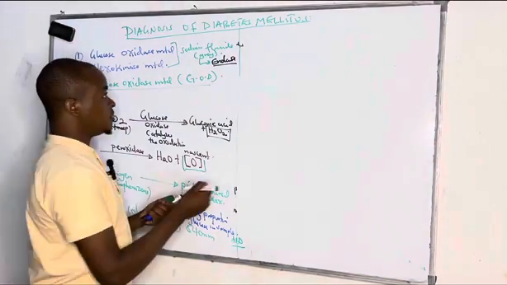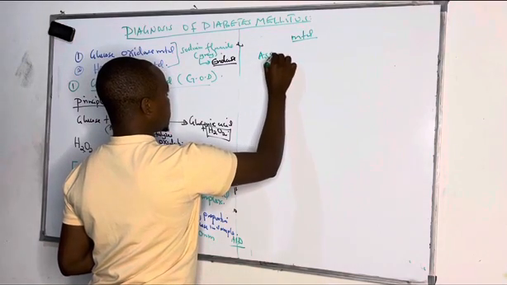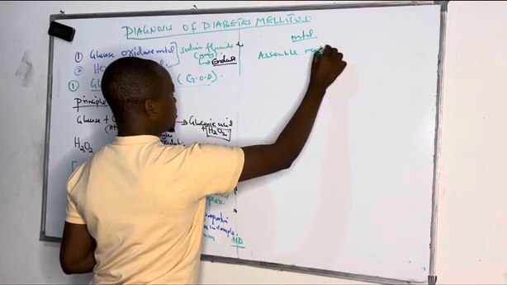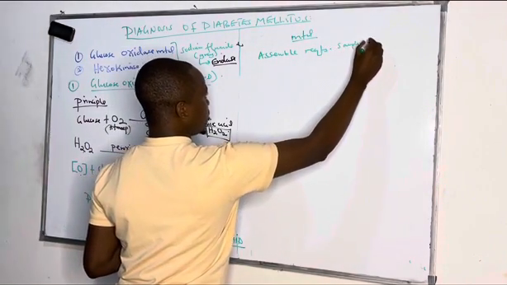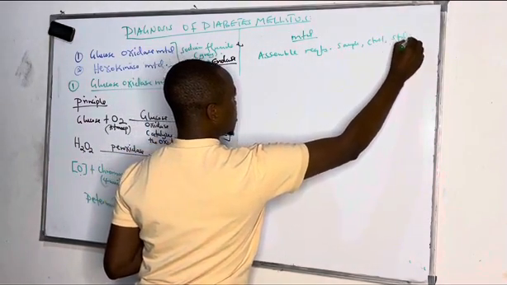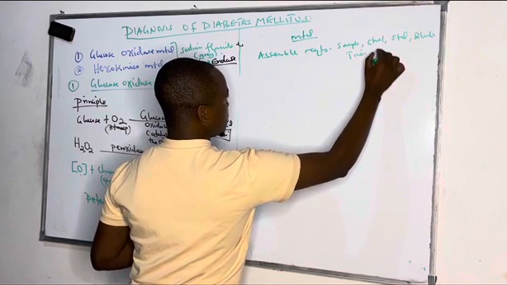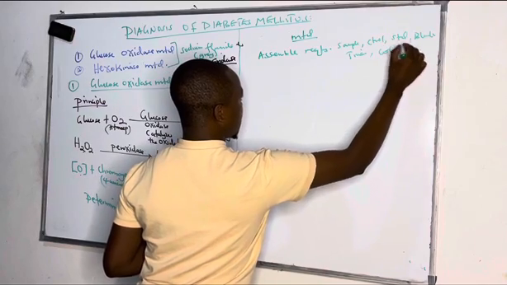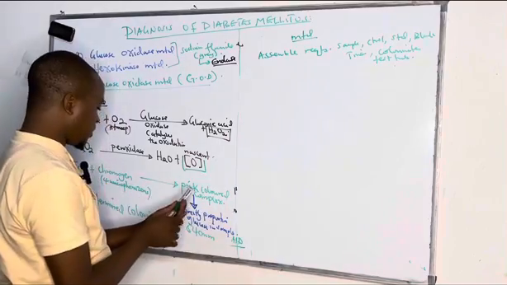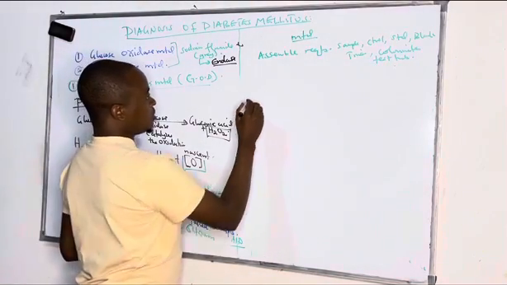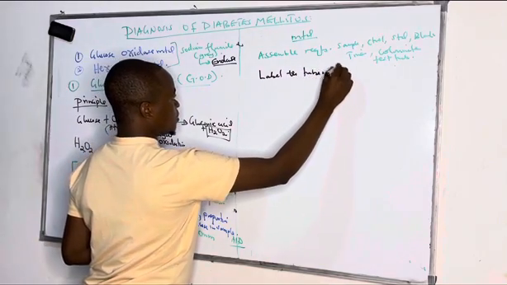And the method: in the method, we normally assemble the requirements which we need to use, that is the blood sample. We shall need a control, we shall need a standard, we shall need a blank, we shall need a timer, a colorimeter, and test tubes. So when we assemble these in place, we label the tubes as below.